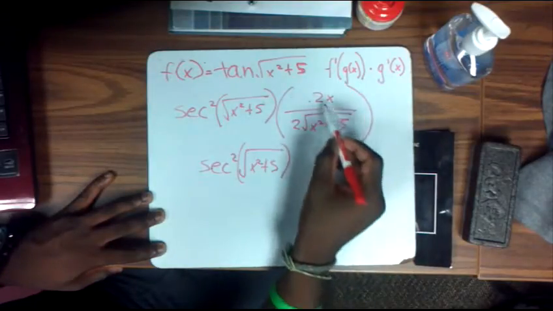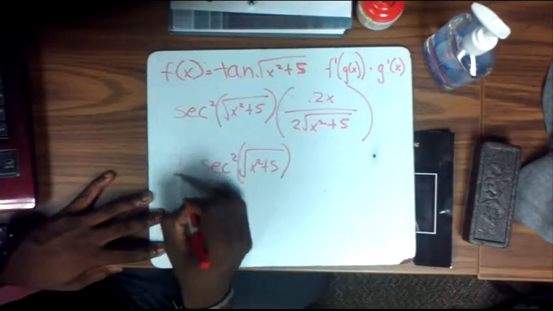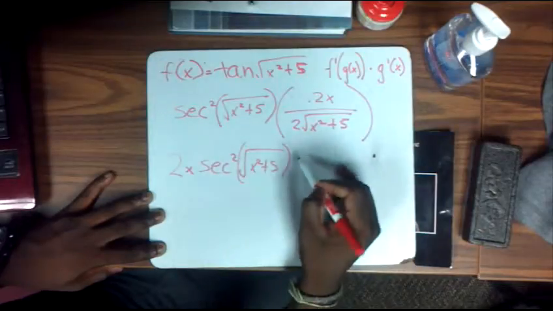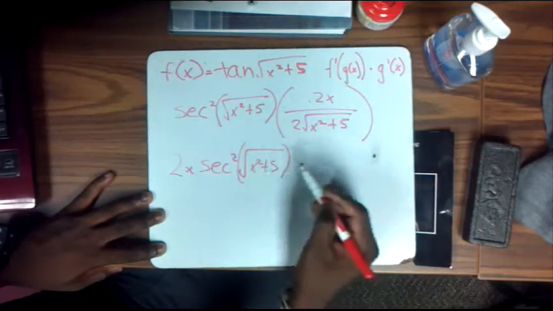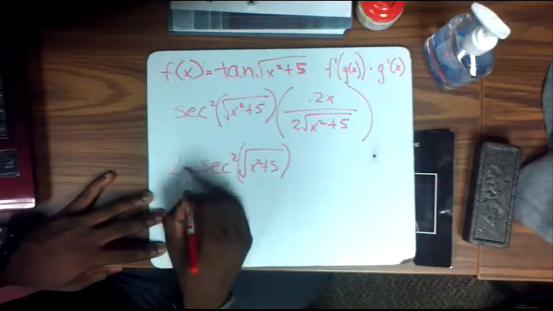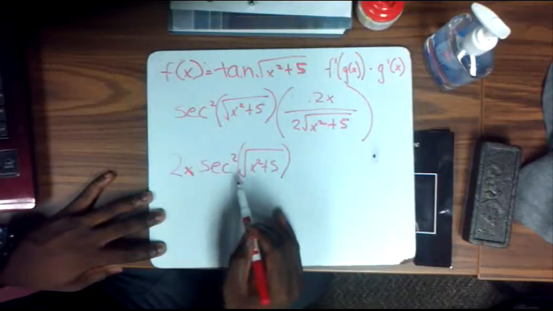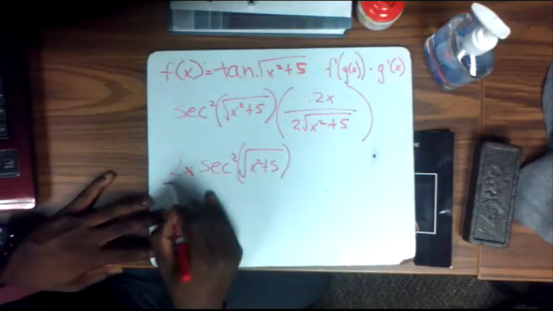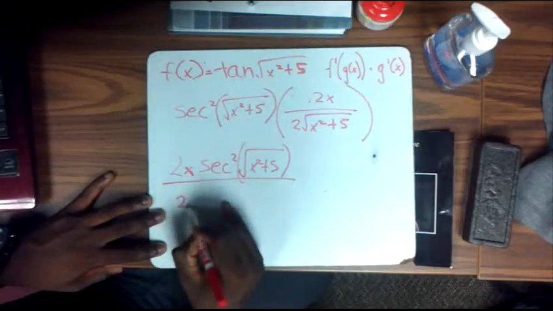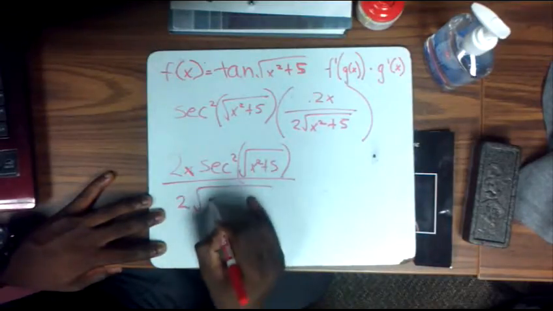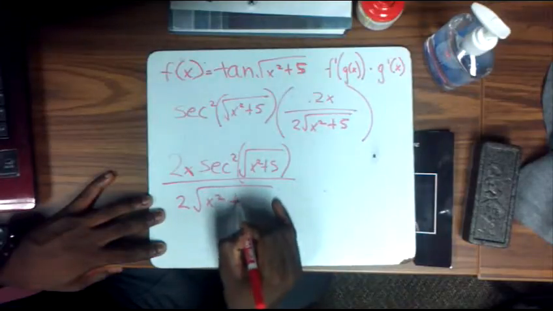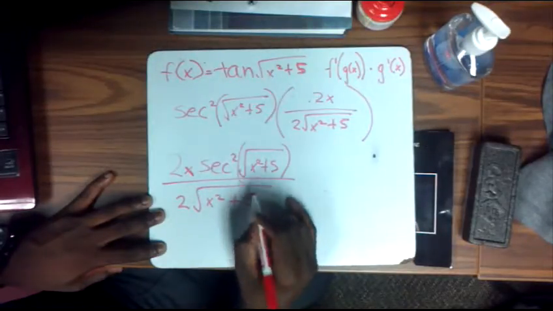But you would put the 2x in front of the secant squared because you can put it anywhere, but it makes more sense to put it in front so that you know you're multiplying 2x times secant squared. And all of this is under 2 times the square root of x squared plus 5.